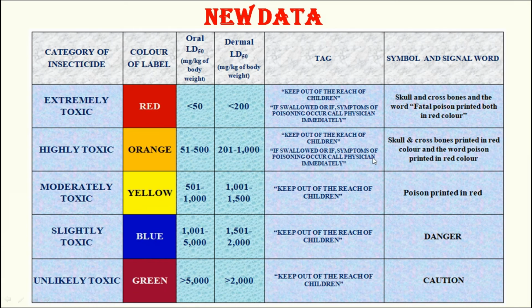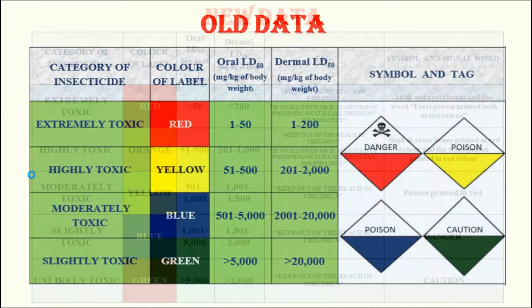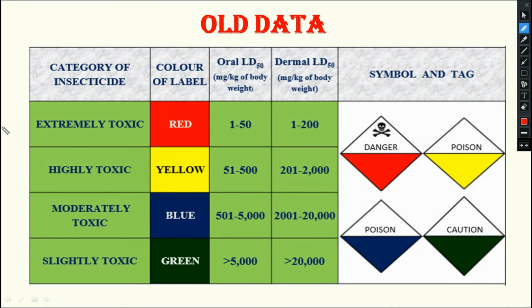So here you see now the trend. In the last video I asked you what is the relationship between toxicity and LD50 value. You see now, as the toxicity is reducing, like from extremely to slightly toxic, what is happening to the LD50 value?